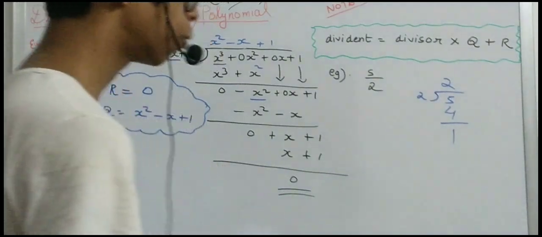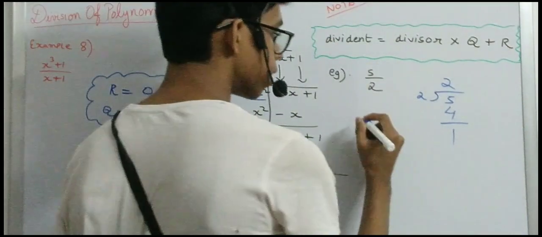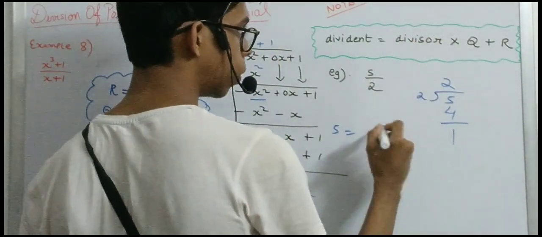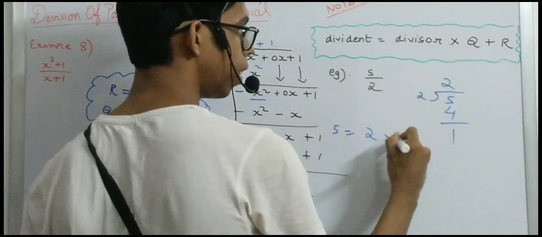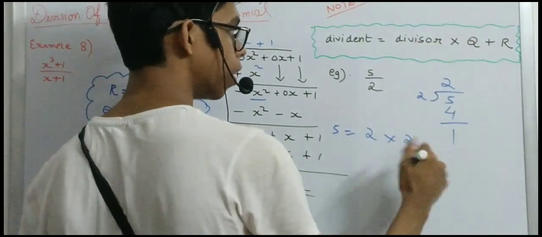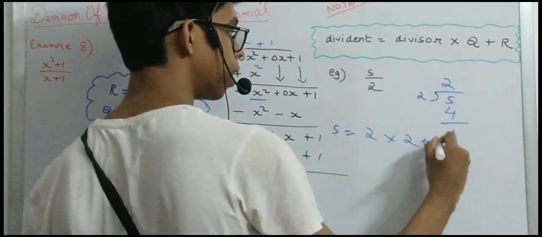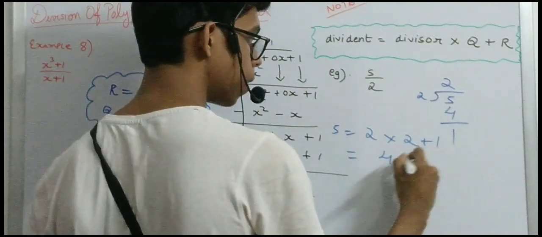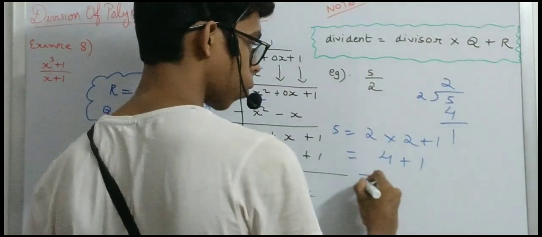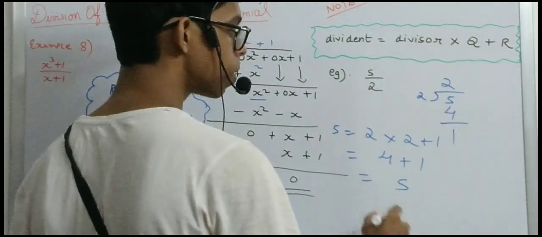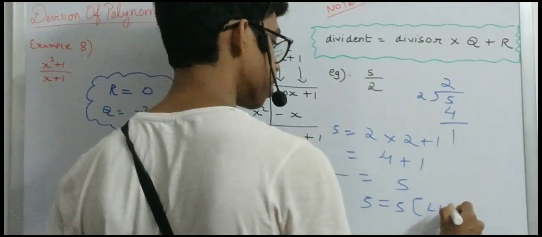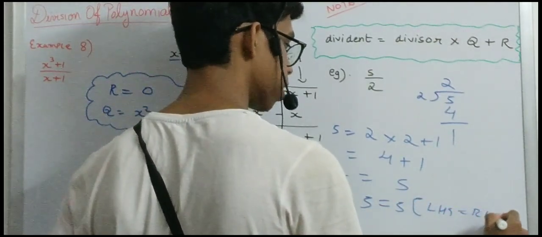Let us verify. Dividend 5 is equal to divisor 2 into quotient 2 plus remainder 1. 2 into 2 is 4 plus 1, that is 5. So we get 5 is equal to 5, that is LHS is equal to RHS.